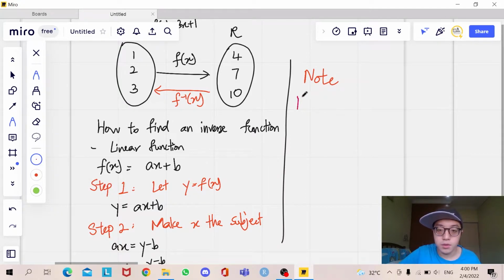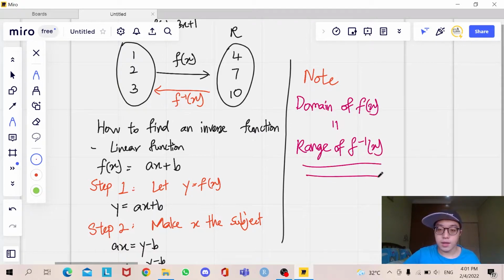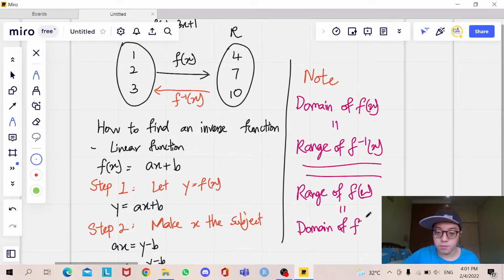The domain of f(x) is equal to the range of inverse f(x), and vice versa, the range of f(x) is equal to the domain of inverse f(x).